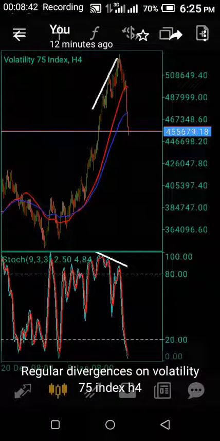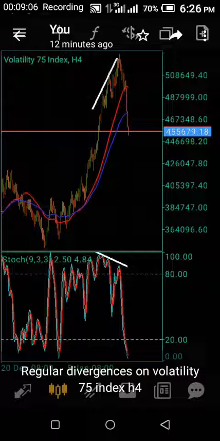Believe me, it's going to come down. That's a jackpot for you. If you see two regular divergences or two hidden divergences in consecutive time frames, believe me, it's a jackpot for you.